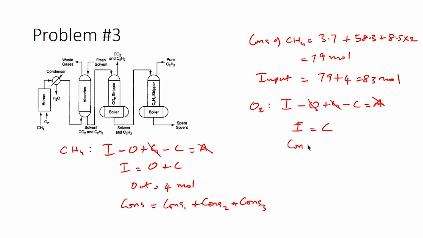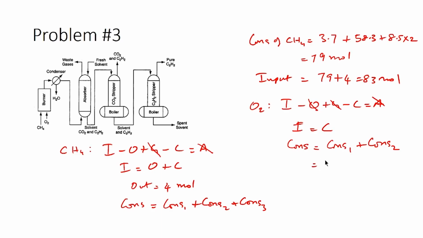The consumption of oxygen happens through the first two reactions. Reactions 1 and 2 both consume oxygen, so you have to identify the consumption of oxygen in the first reaction and in the second reaction. Using the stoichiometry of the reactions given, for every mole of carbon dioxide produced, 2 moles of oxygen are consumed. Similarly, for every mole of carbon monoxide produced, 1.5 moles of oxygen are consumed.